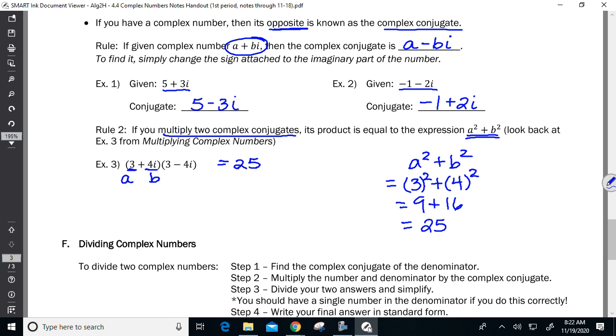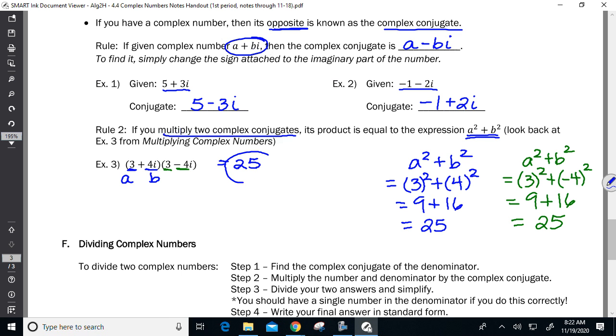If you're wondering, what if I use the other conjugate? Same thing. 3 squared plus negative 4 squared amounts to the same thing. So either way it goes, you get the same answer. If they're conjugates, it gives you an easier way out, a little bit of a shortcut.